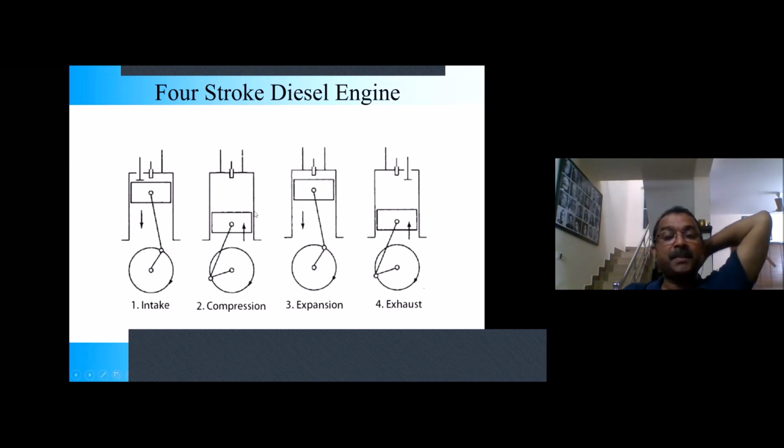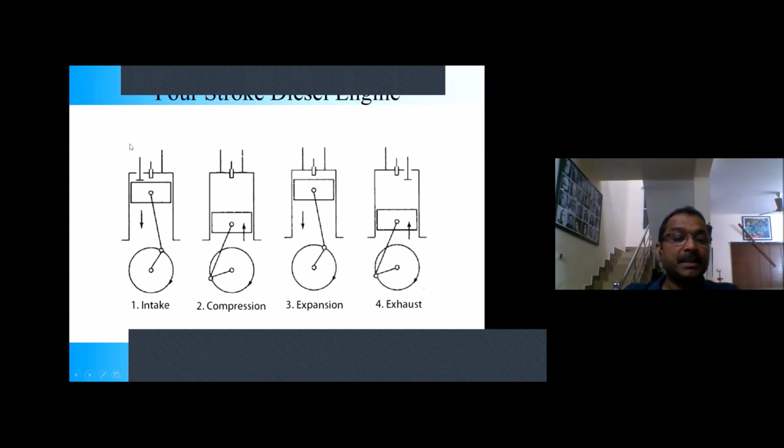Up to that point, you will be keeping this inlet air valve open, so that right now your cylinder is filled with air. Or you can put an air filter in this opening so that you will get filtered air here, a little bit better air. Okay, that is the case of intake or suction stroke.